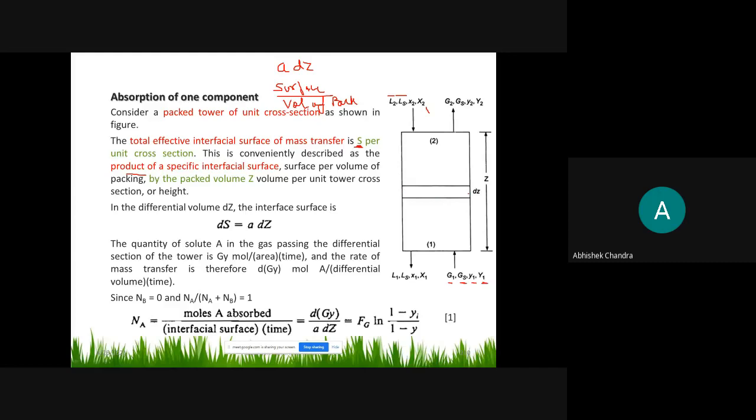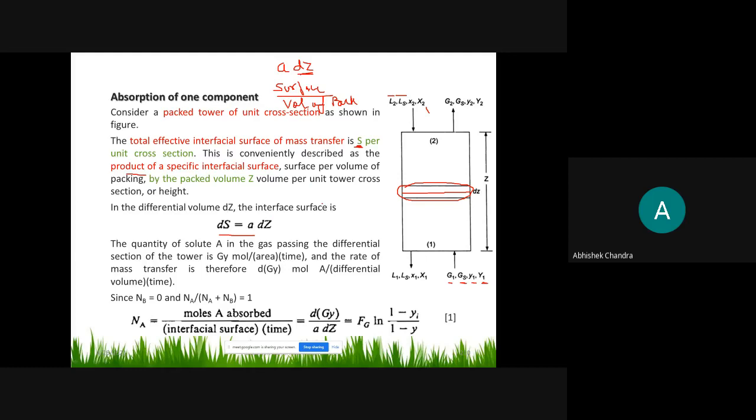When you divide this volume by the cross sectional area, you will get this height. That is why this packed volume is represented as dz. So in the differential volume dz, for this differential volume the interfacial surface in differential form, dS, will be simply a dz.